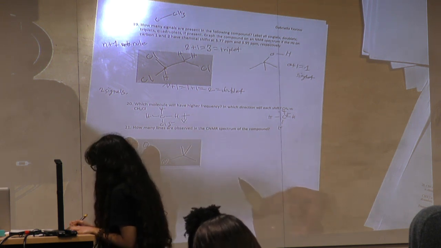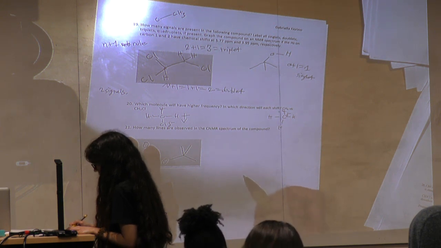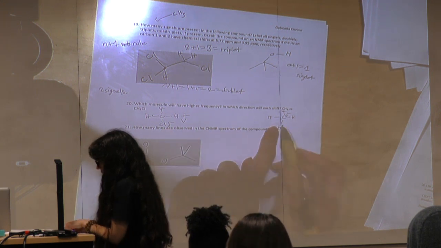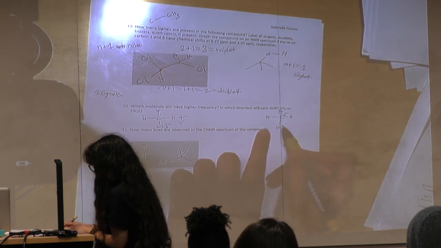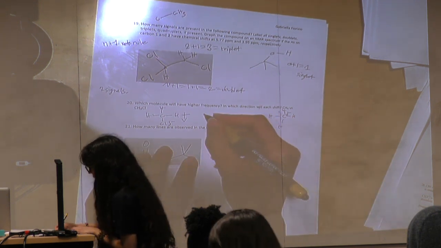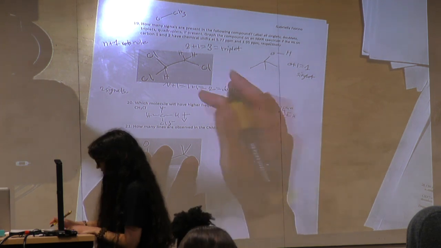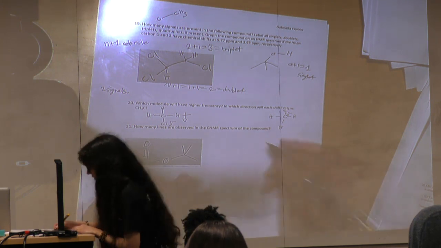So which one will have the higher frequency? So this one weighs less, right? So yeah, that's a good way to think of it actually. But the frequency, we could also think of it as frequency is inversely related to shielding. If this is something your professor goes over, I'm not sure, it could be specific to your class.